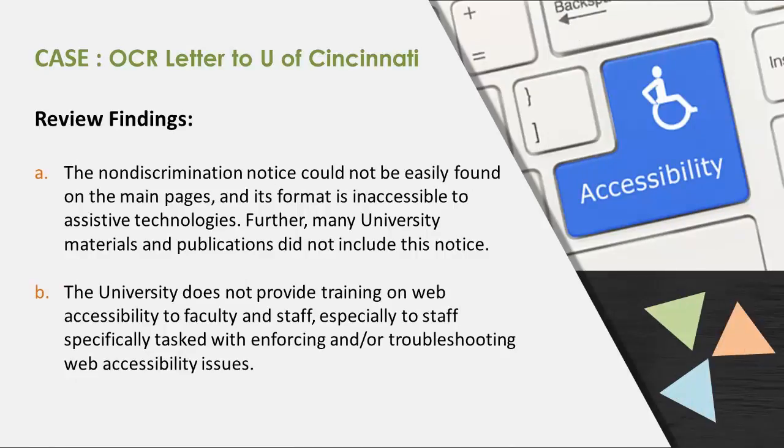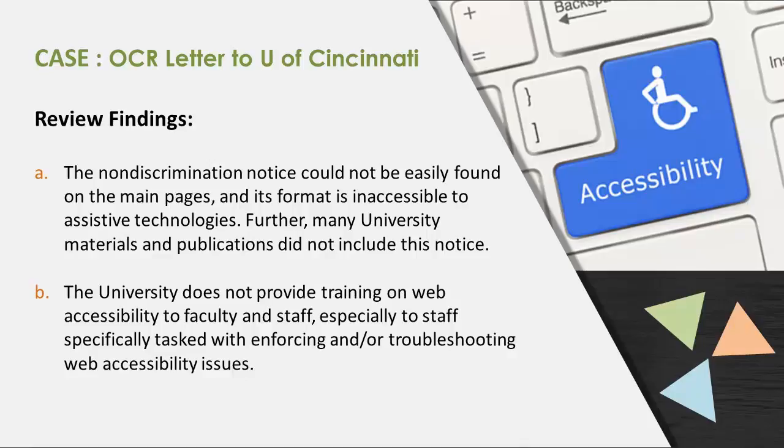Before we come to the answer, let's look at this case. This is a letter from OCR to University of Cincinnati. The OCR stands for U.S. Department of Education, Office of Civil Rights. They would review an institute's EIT for accessibility and lay out the legal standards, give examples how inaccessibility affects people who use assistive technologies.